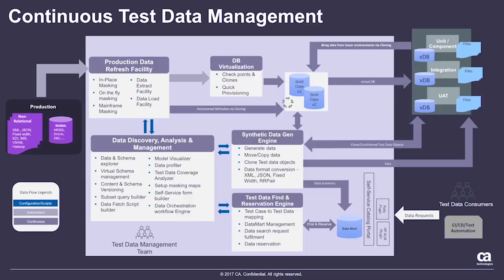And then the last area is the test data find and reserve capability. So testers can use functionality such as find and reserve to locate the test data and reserve that test data for their particular use, so that when the data is reserved for that particular test, they're not competing with other testers to use the existing test data that's out there.